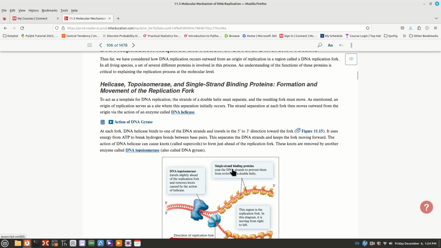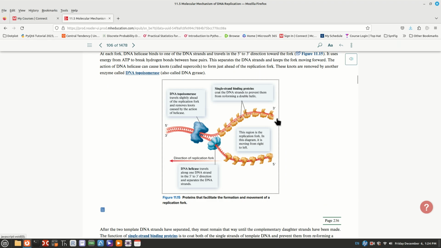The single-stranded binding proteins, these little beige or yellow proteins, hold the fork open while the other proteins do their work. The initial opening of the fork is done by helicase, but before you can do that, you have to use topoisomerase, this one right here. So I guess the first step is topoisomerase.